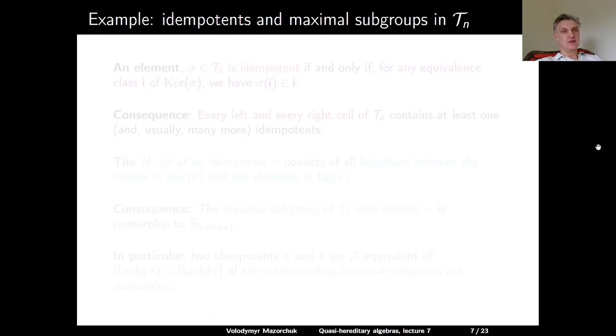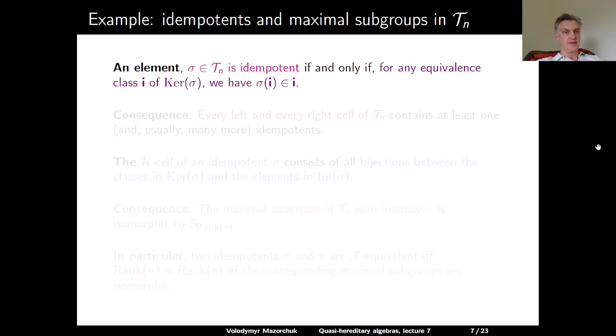So this allows us to describe idempotents and maximal subgroups in Tn. An element sigma in Tn is idempotent if and only if, for any equivalence class of its kernel, sigma sends the whole equivalence class to some element in this equivalence class.